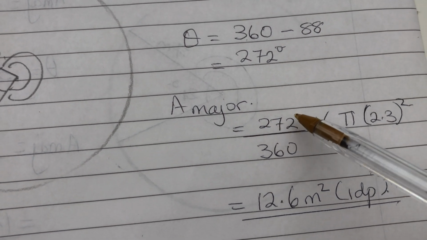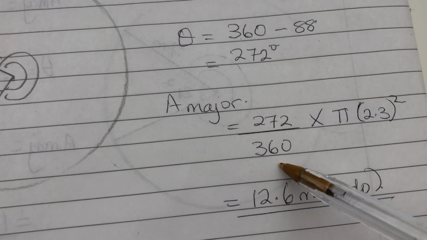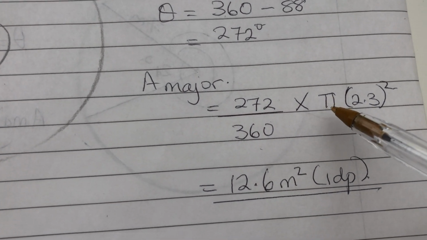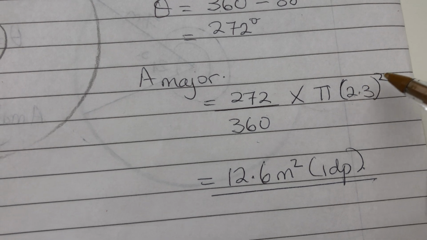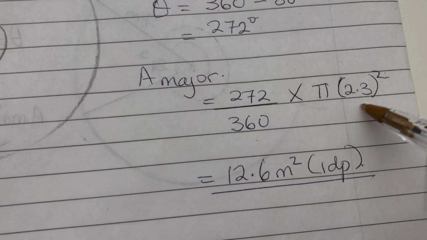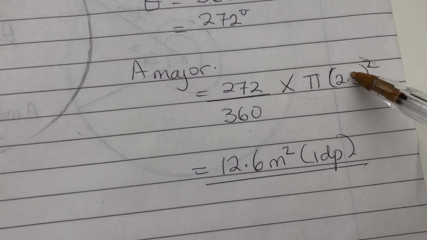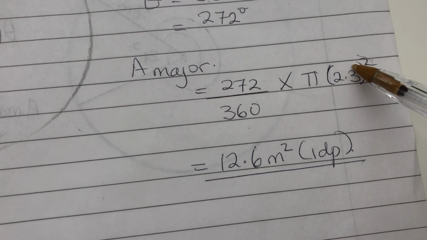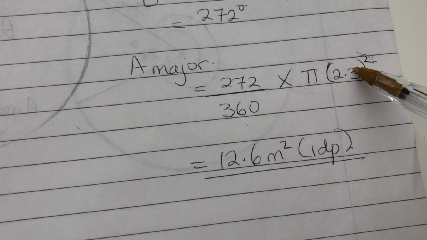So 272 divided by 360 times pi r squared. We are finding area, so it's pi r squared, not 2 pi r.